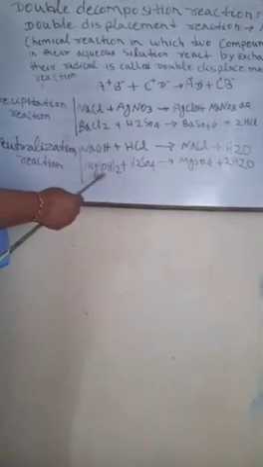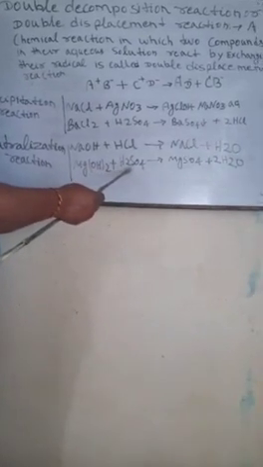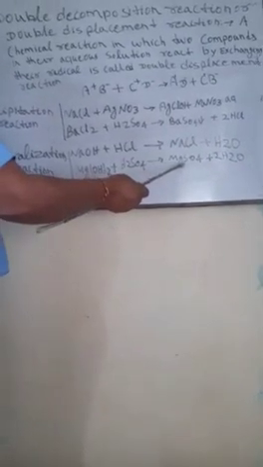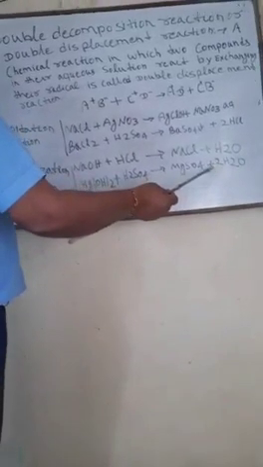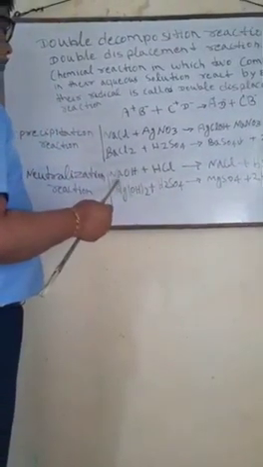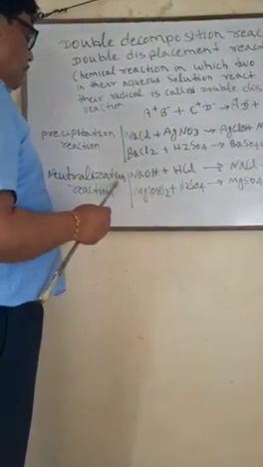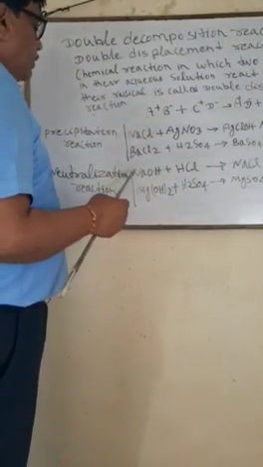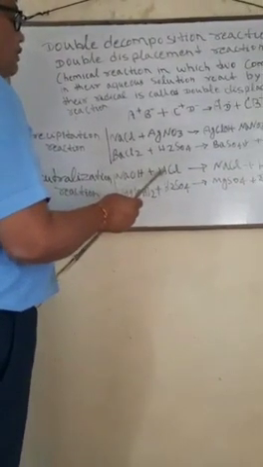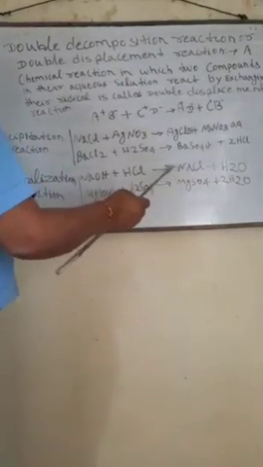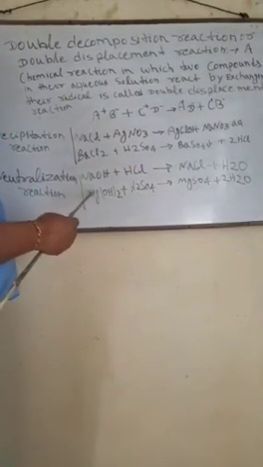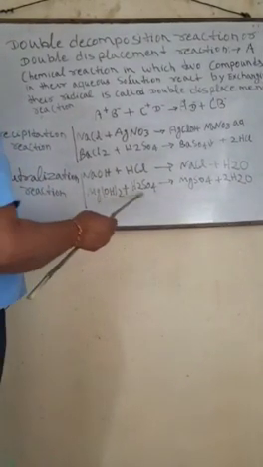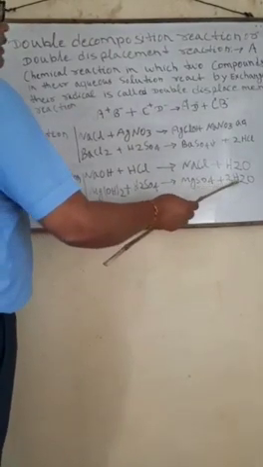Magnesium hydroxide reacts with H2SO4 to form magnesium sulfate plus water. This reaction is also called neutralization reaction because acid reacts with base to form salt. So this is an example of neutralization reaction.